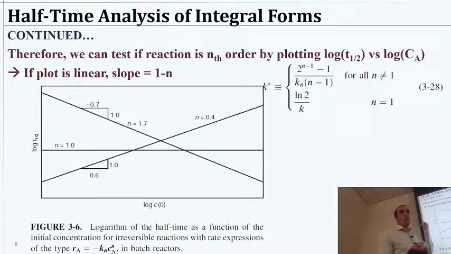Now, the one case where our half-life does not depend on our initial concentration, that's n equals 1. That's our first order, right? So n equals 1, meaning it's a first order reaction.